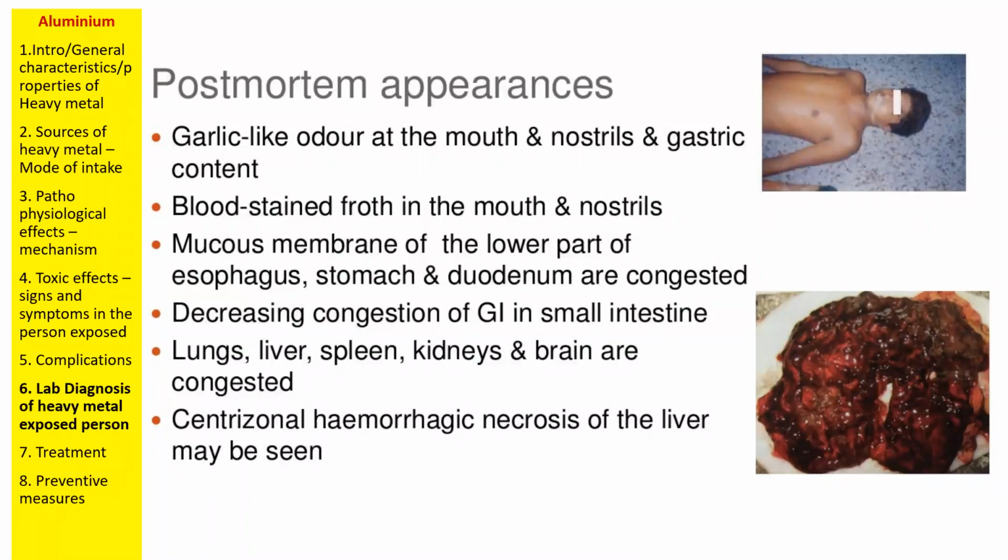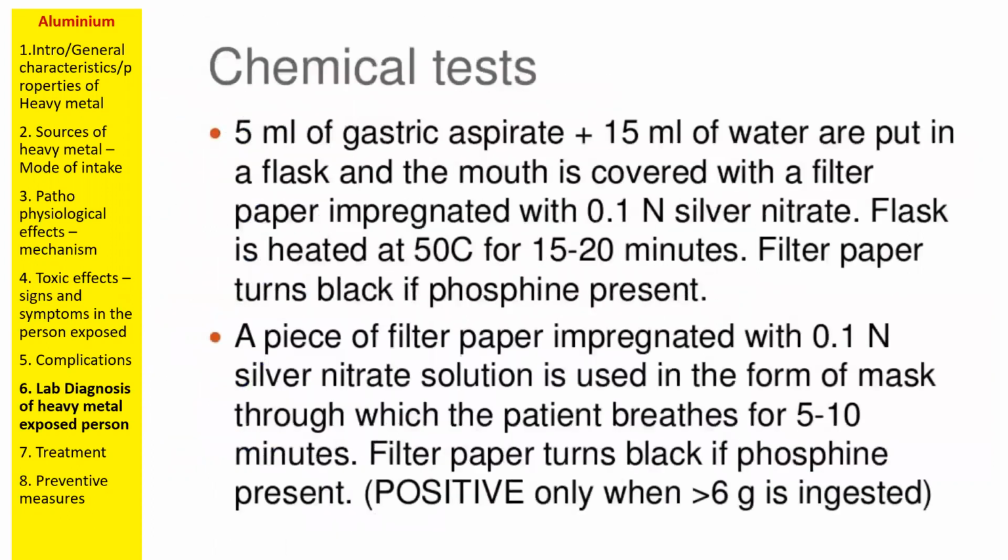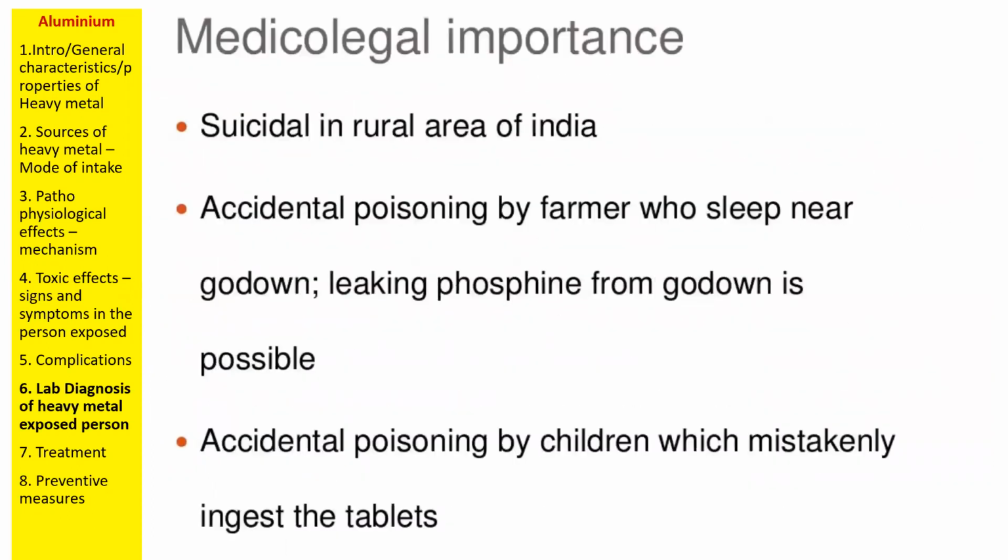Usually, in the case of living patients, we will try to detect with non-invasive techniques, just by urine, blood, or simple approaches. With biochemical tests, we will try to rule out the cause of toxicity. The reasons for this toxicity among people in India are suicidal attempts, accidental ingestion, or children mistakenly eating these tablets, these aluminum phosphate tablets.